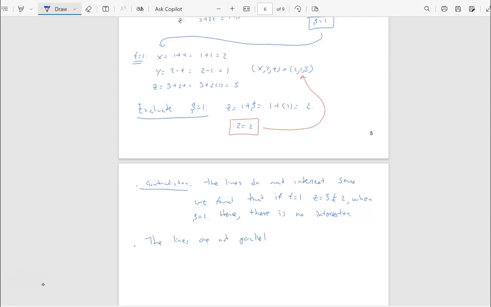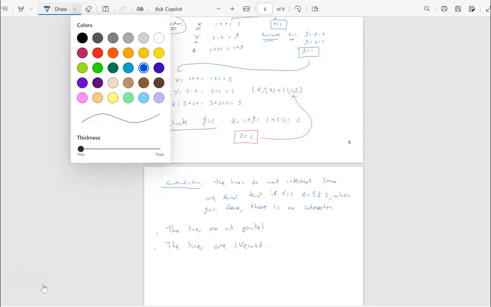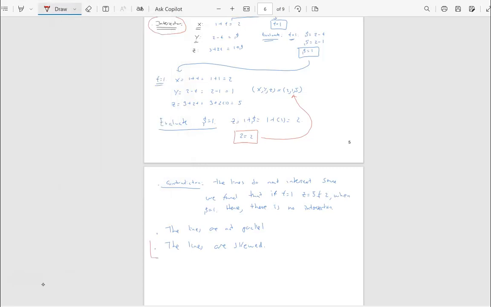And then the final portion, we can conclude the lines are skewed. In this case, this is the only conclusion.